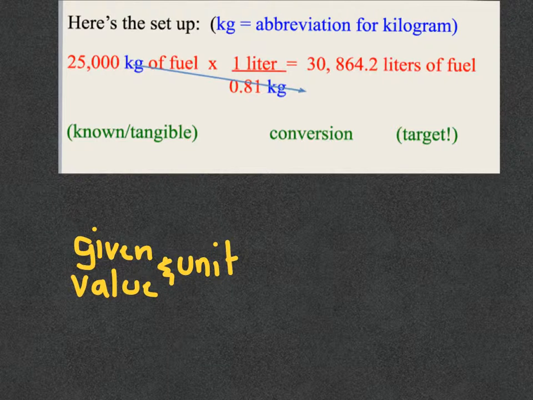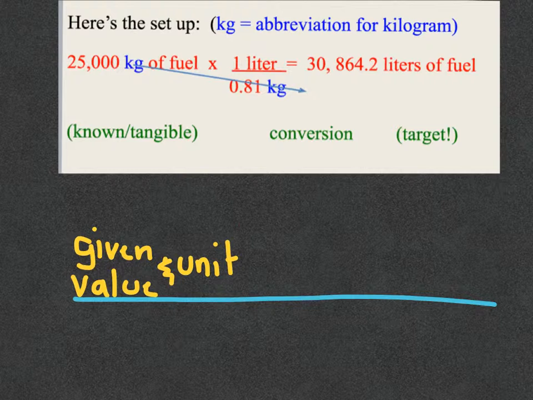And then you build your conversion factor. Then you're going to build a conversion factor, and you can use a little table setup. We draw a line, and we build the conversion factor right here.